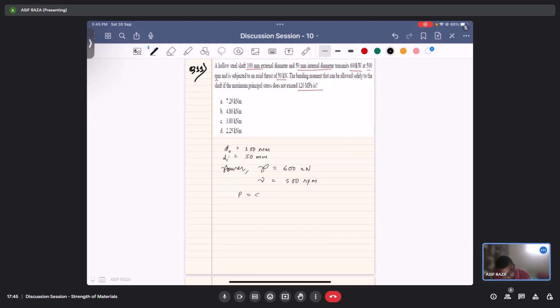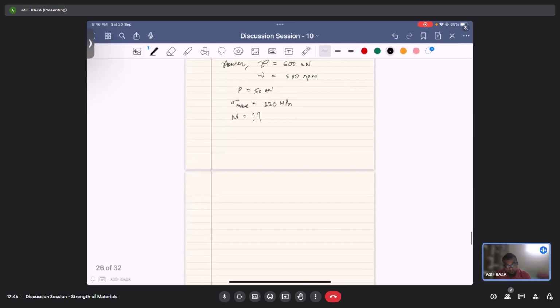Axial load is 50 kilonewton. Sigma max is equal to 120 megapascal. We need to find what is the bending moment that can be applied in this system.